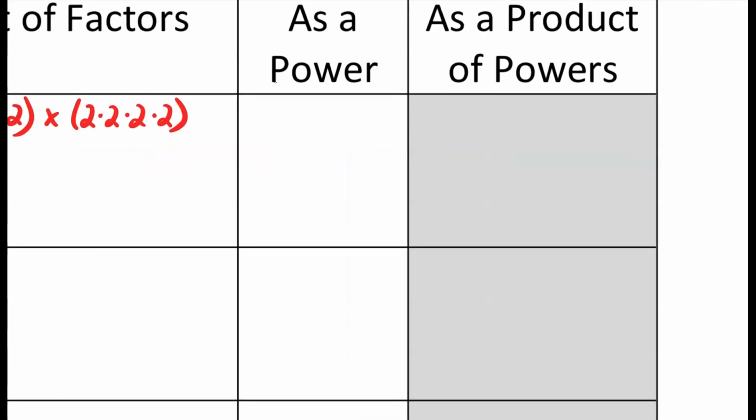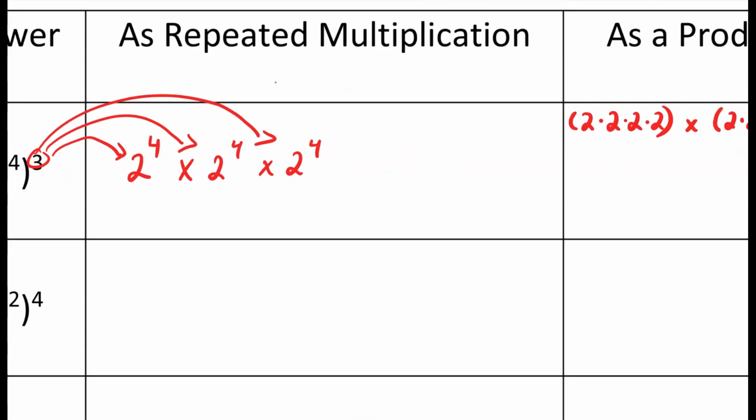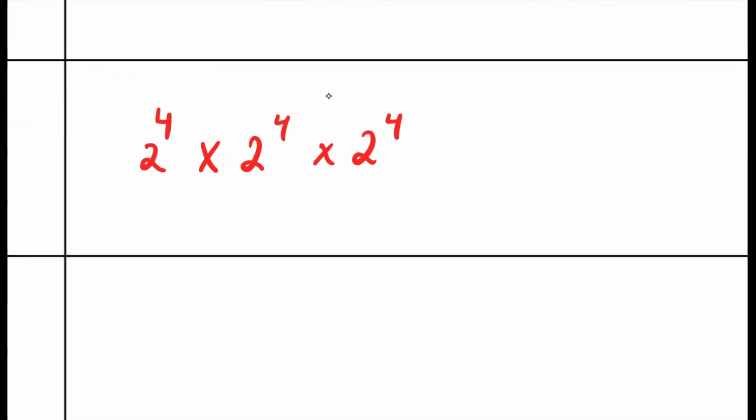Now, if we were asked just to write this as a single power, what we'd be looking at is 2 as our base. Now, if we look back here, we have our exponent of 4, exponent of 4, and exponent of 4.